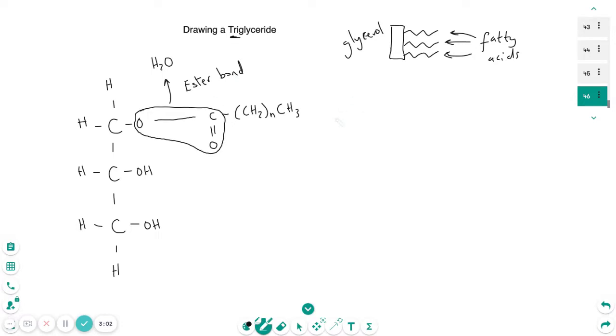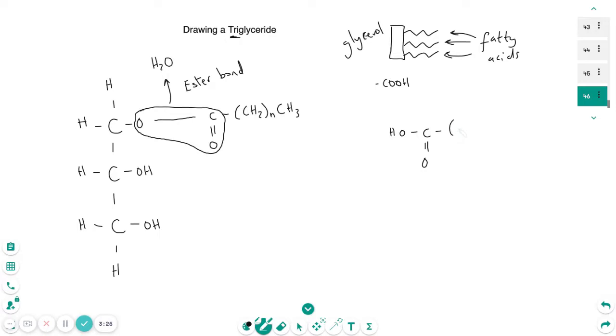So if I draw a fatty acid just by itself, just so you can remember what's happening. We've got a carbon with the OH group plus the oxygen. That's a carboxyl group, we've done this. It's COOH. And then we're going to just add the rest of it. This is the tail.